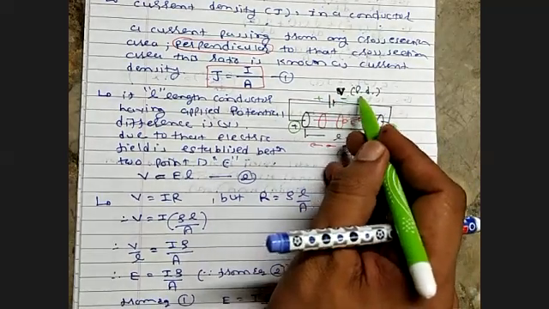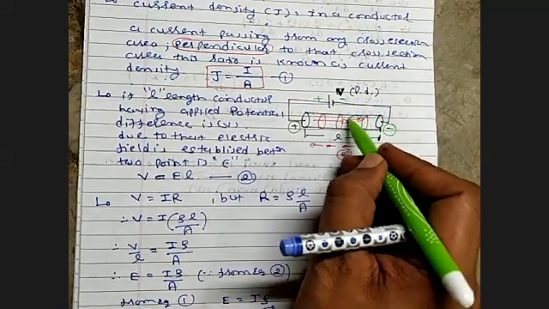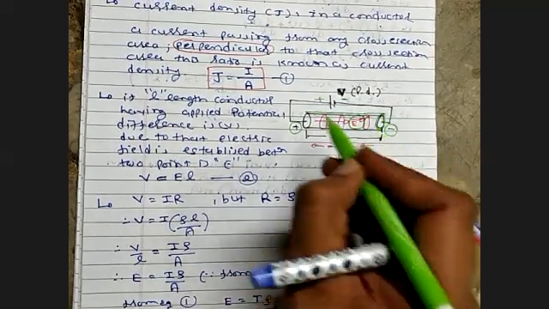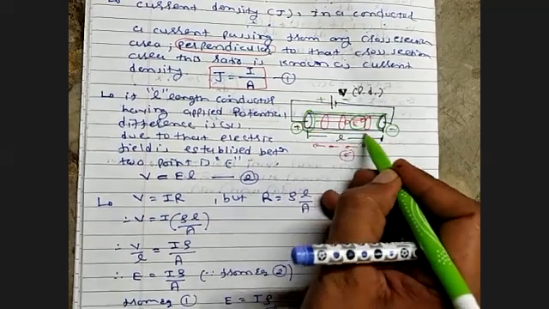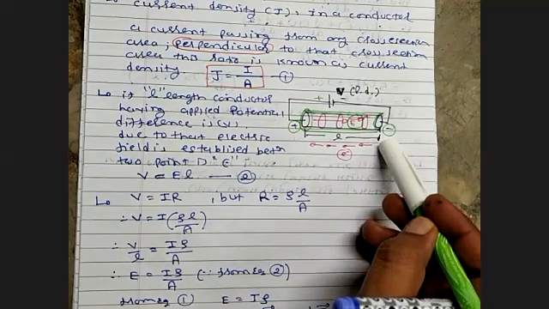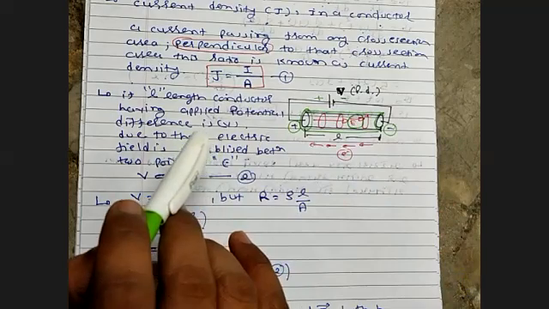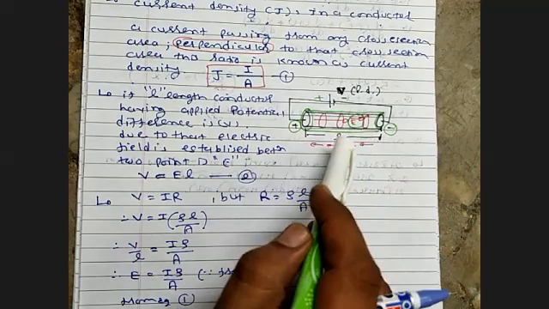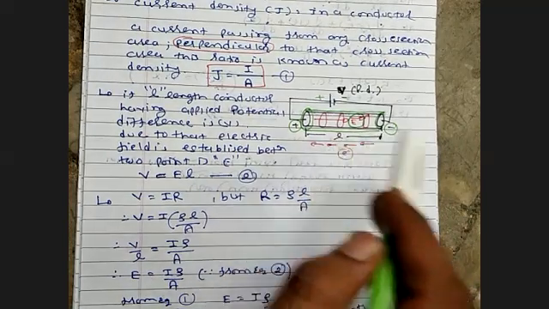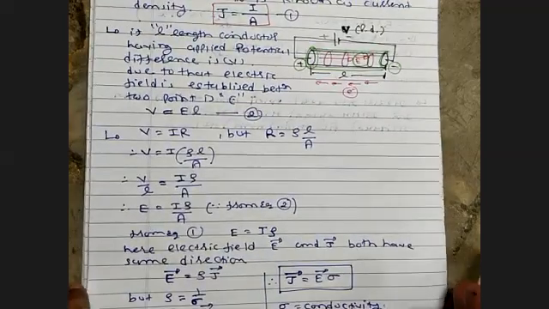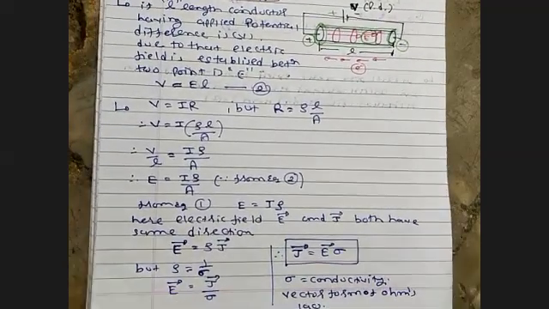With the help of this potential difference, an electric field is established in the conductor. The electrons move from right to left, opposite to the electric field. There is a relation between V, E and L, where L is the length: V is equal to E into L. We dealt with this equation in chapter number 2.